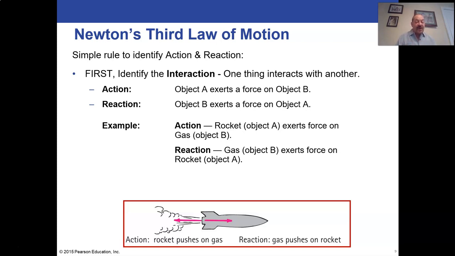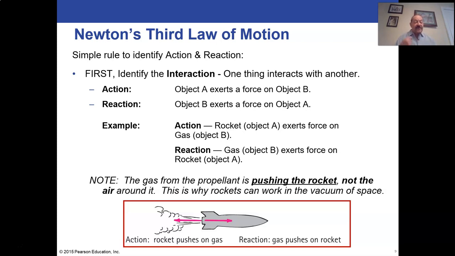And one of the ways we know this is that the gas from the propellant is pushing the rocket and not the air around it. A lot of people sometimes think, oh, rockets work because they're pushing gas out the back, and that's pushing the atmospheric gas back, and that's what's driving it forward. But the fact is, rockets work perfectly well in the vacuum of space, in deep space.